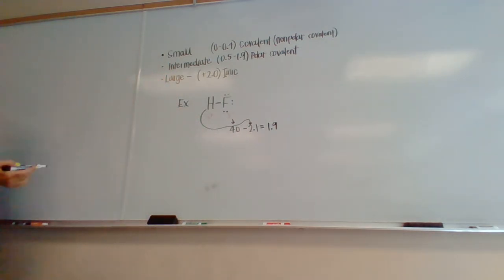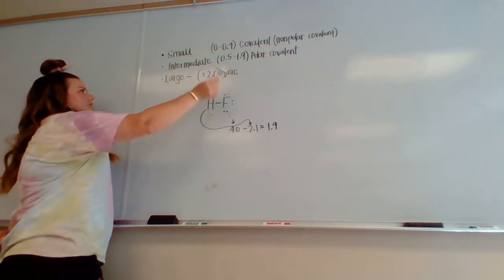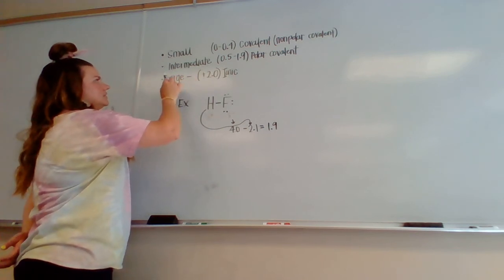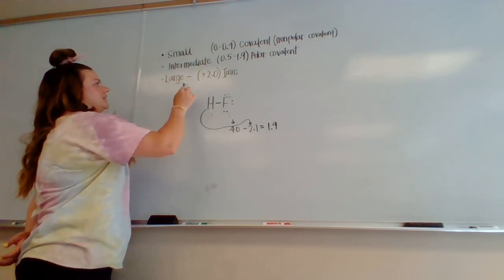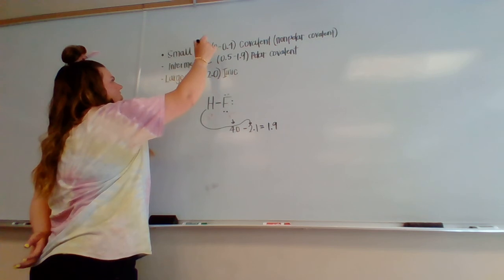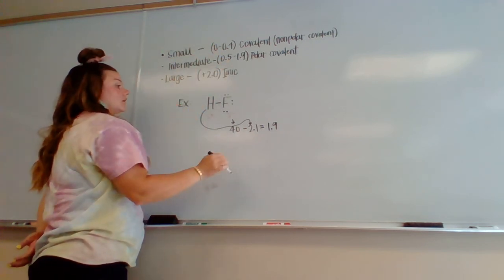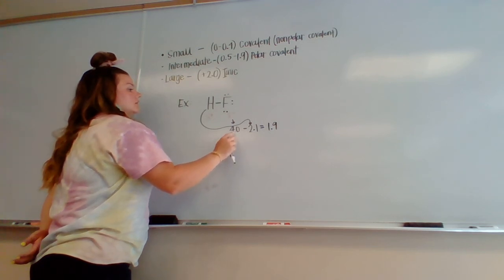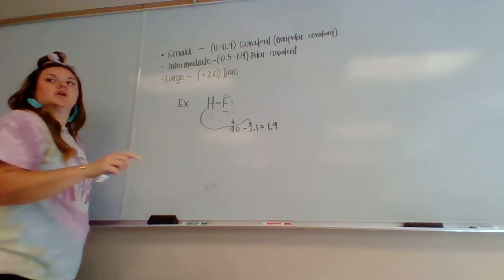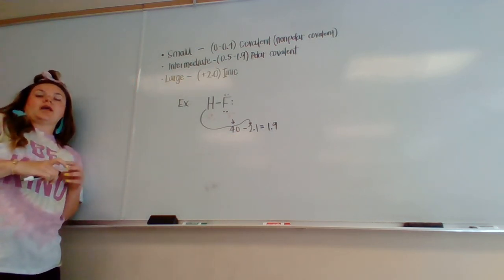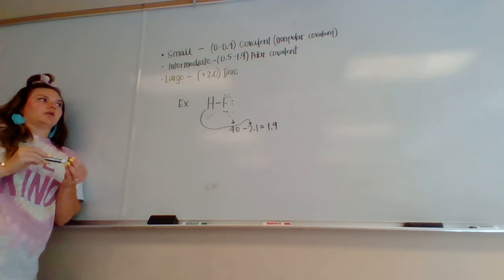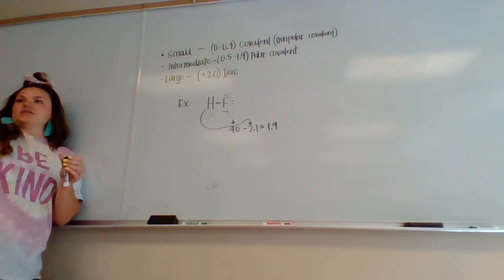So you'll notice that follows in the small, intermediate, and large. I'm referring to the difference in electronegativity. Which one do you pick for the 4.0? The biggest electronegativity value.